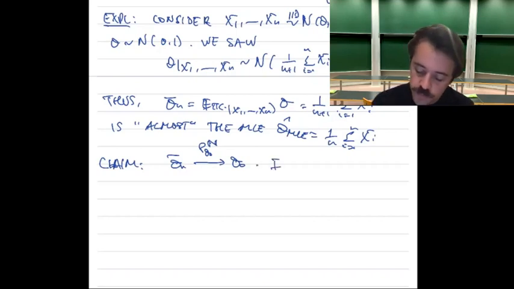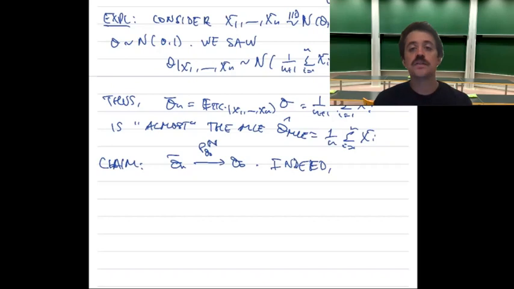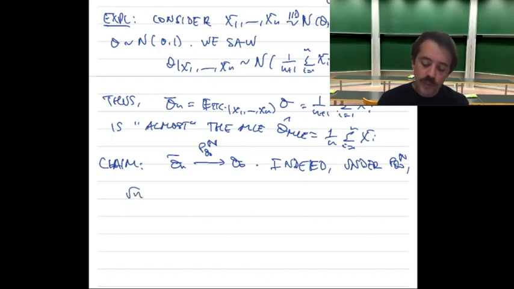Okay. So indeed, and so this is what happened, of course, to the MLE, right? So indeed, under this P theta naught and the infinite product probability measure, then we get even more than that.